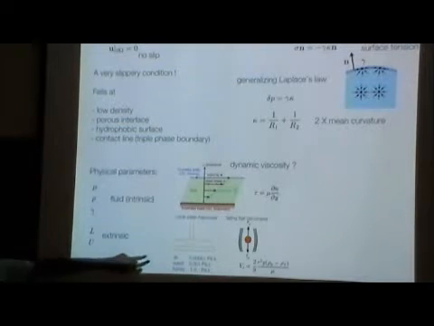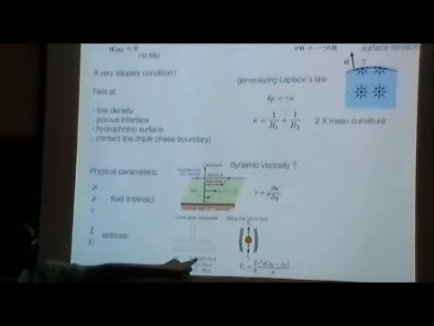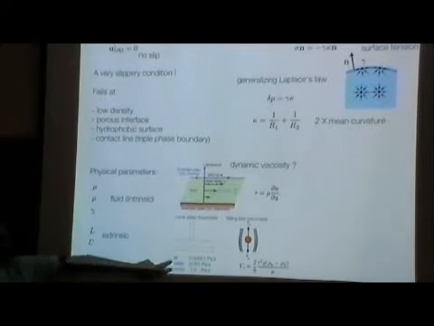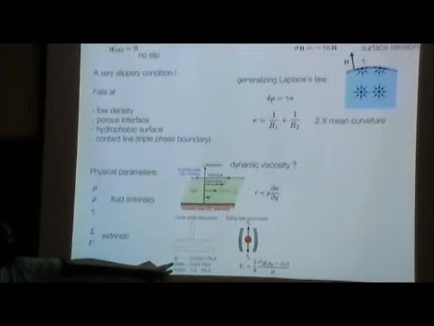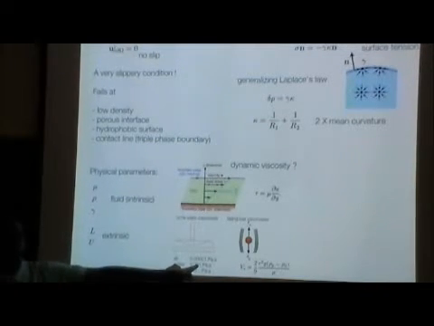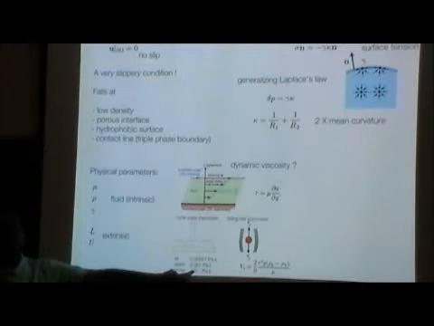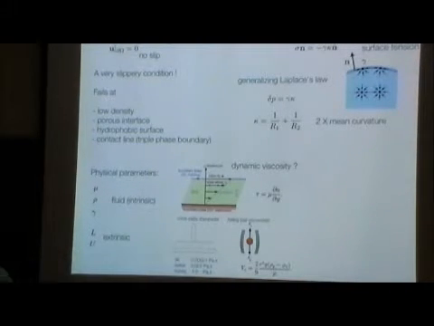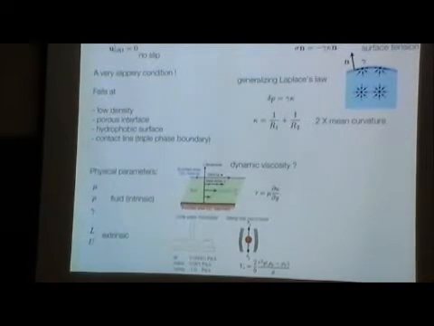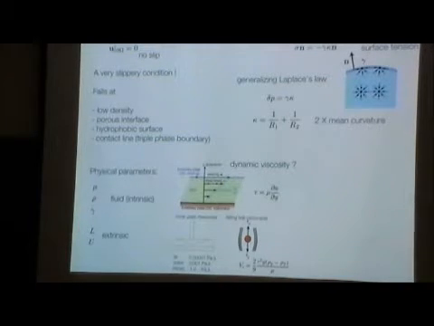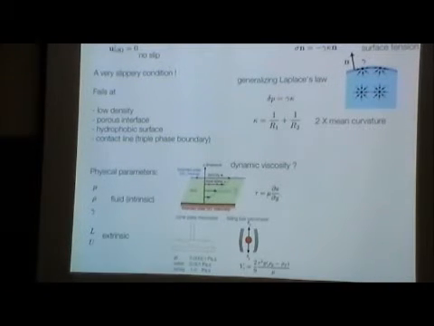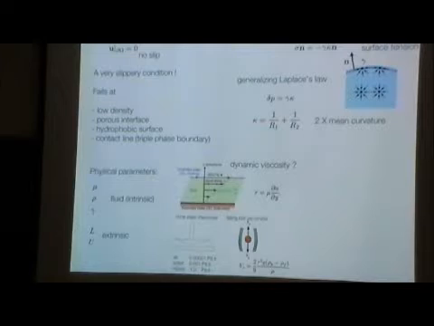But this is a meaningless number for me unless I compare it, and so I want to compare it with two other common liquids. Water is 10 to the minus 3, and honey is 1. That's the way I remember it. Honey is 1,000 times more viscous than water, and water is about 100 times more viscous than air. That's the way I remember it.